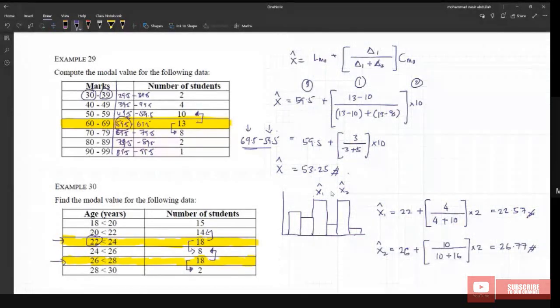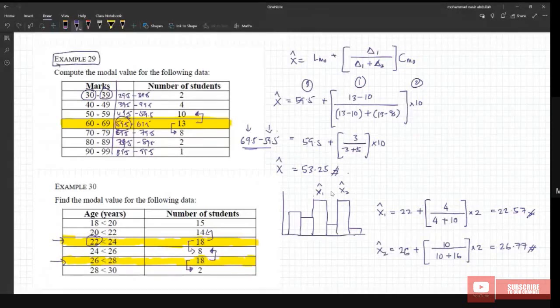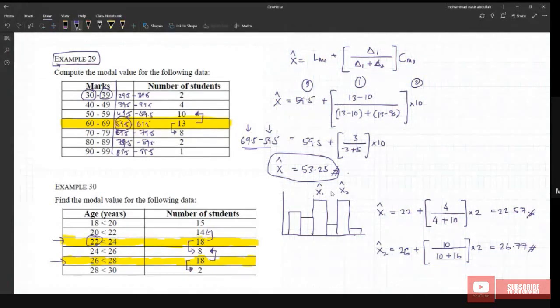Yeah. For example number 29, I made a mistake here. If you see the range of the model class, 59.5 to 69.5, right?